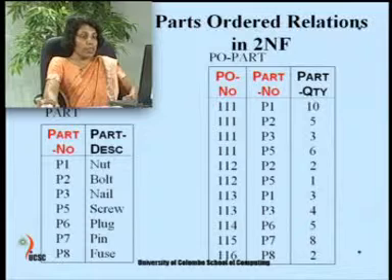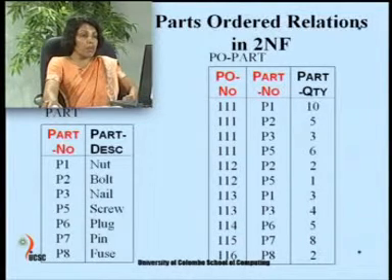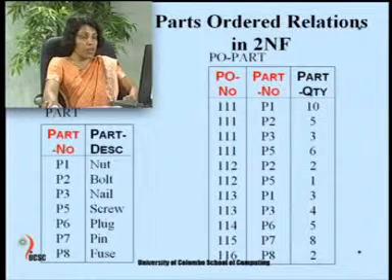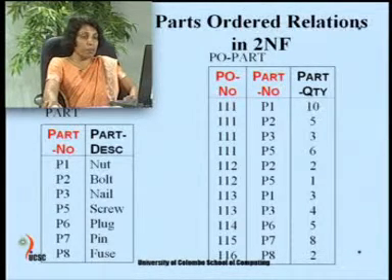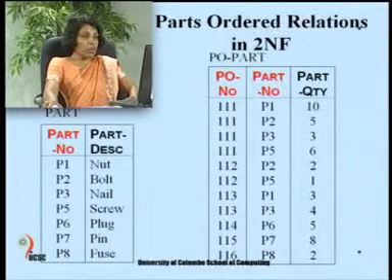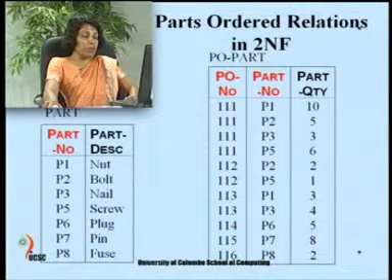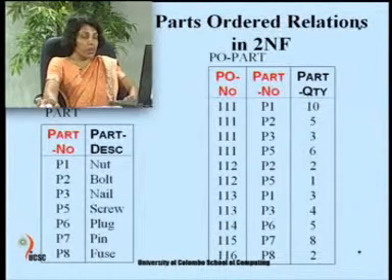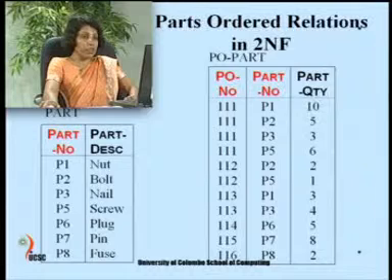We discussed that part description will only depend on part number, which is a part of the original composite key, that is purchase order number and part number. So what did we do here? We took the part description out and associated that with the partial key, and we created a new relation. We call it the part relation.